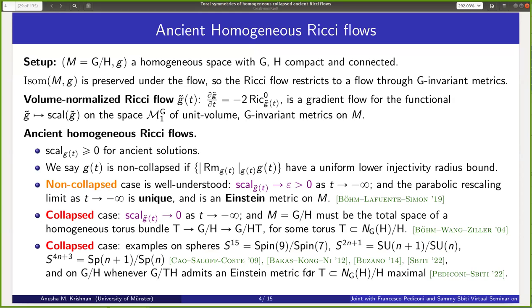Right, so we will be interested in finding extra symmetries or these toral symmetries in the collapsed case. And before I say more, I'd like to illustrate the kind of phenomenon involved by an example.